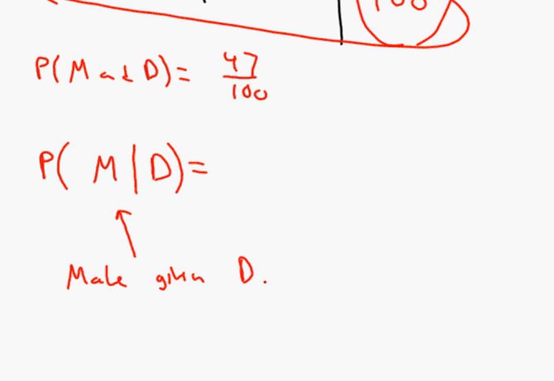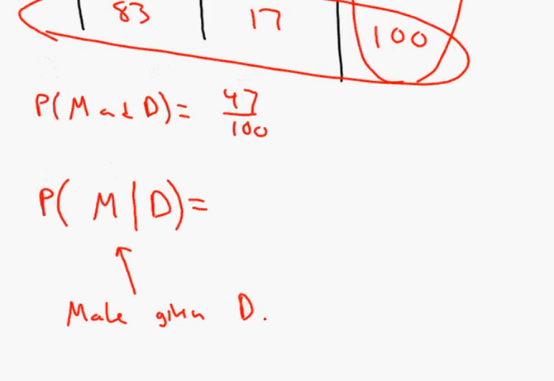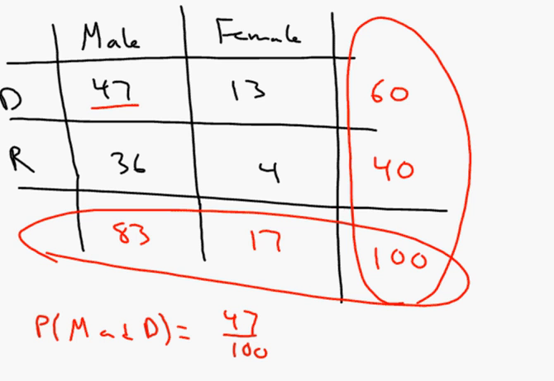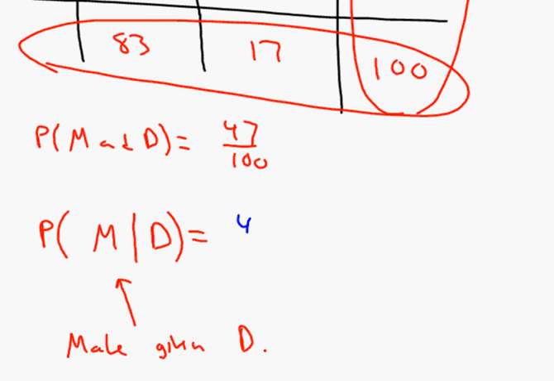I think a good way to think about conditional probability is that you're reducing the sample space. Okay? What we're saying now is we're not just looking at everyone in the survey. We're looking at just Democrats. And if you look at just the Democrats that were interviewed here, there's 60 of them. Okay? And then out of that 60, 47 were male. So that's the answer to this problem, 47 out of 60.